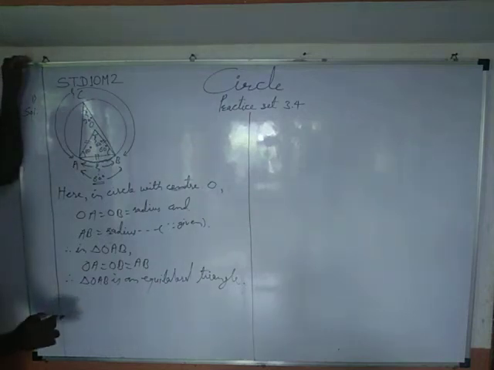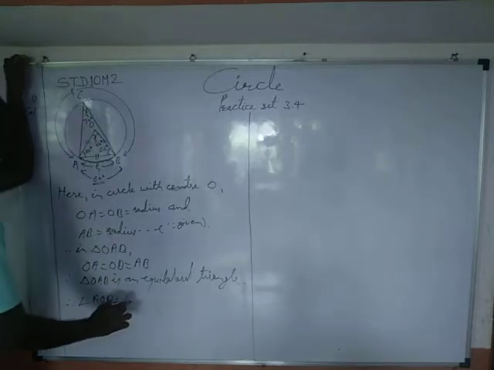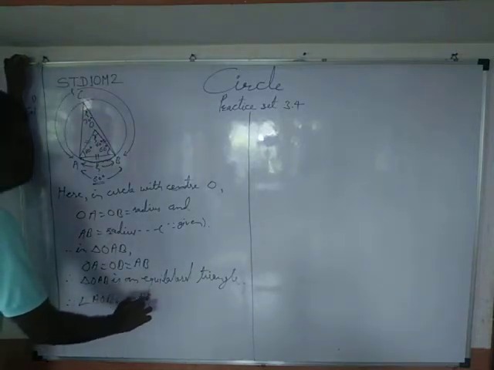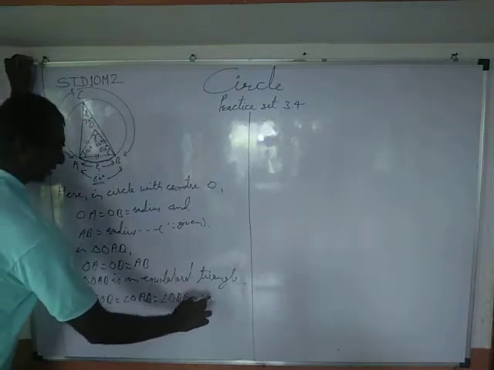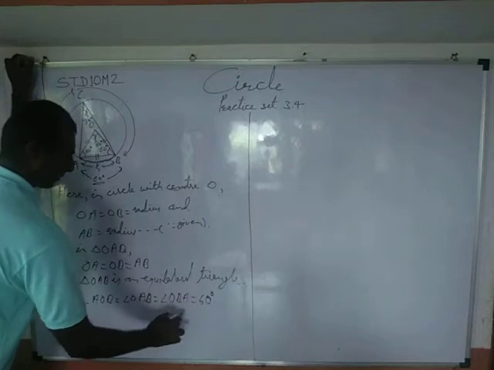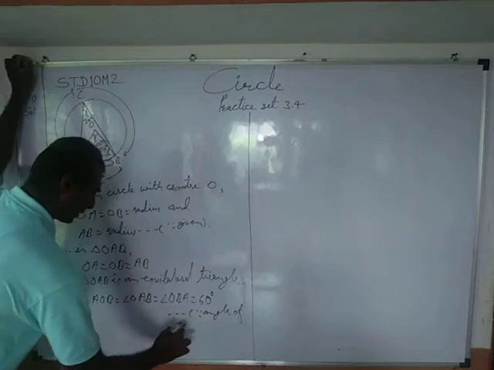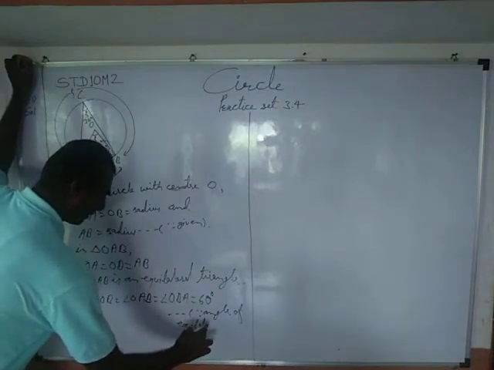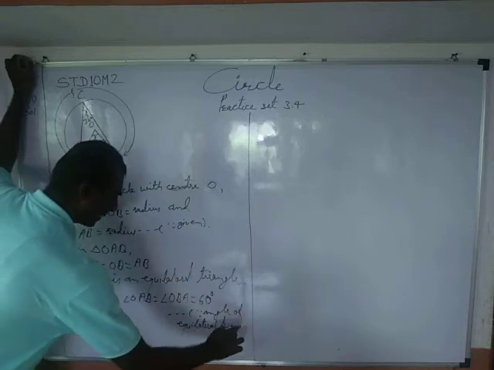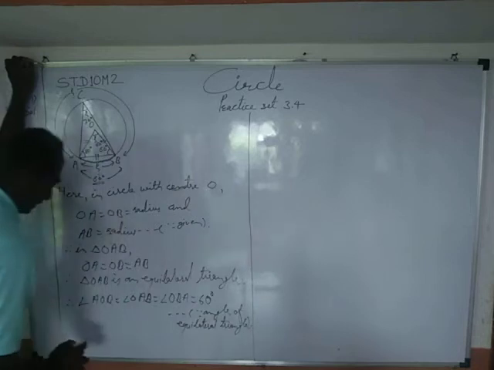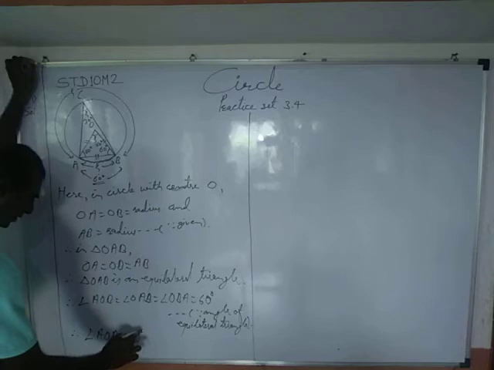And therefore angle AOB equals angle OAB equals angle OBA equals 60 degrees, since the angles of an equilateral triangle are 60 degrees. Therefore angle AOB equals 60 degrees.